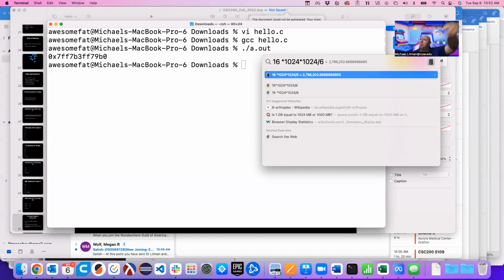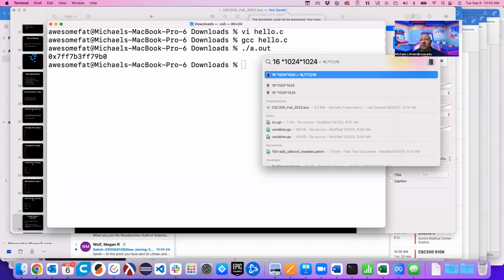That's a pretty big number, right? Now that's just us saying that we're going to represent them in six byte chunks. The reality is there are 16,777,216 individual little byte buckets that live in our computer's memory.